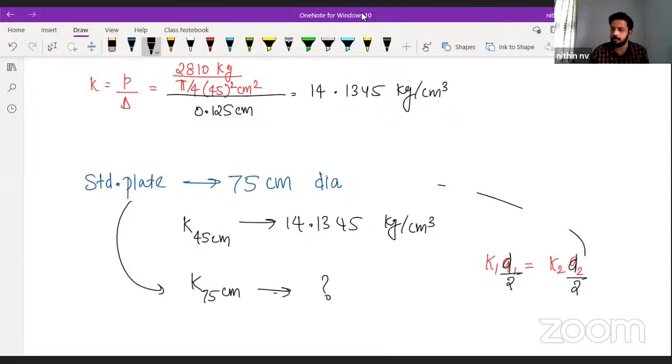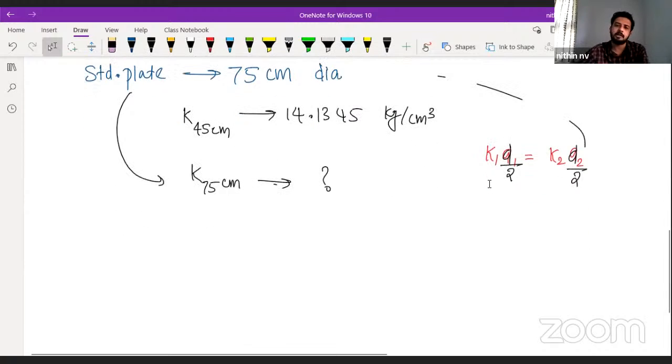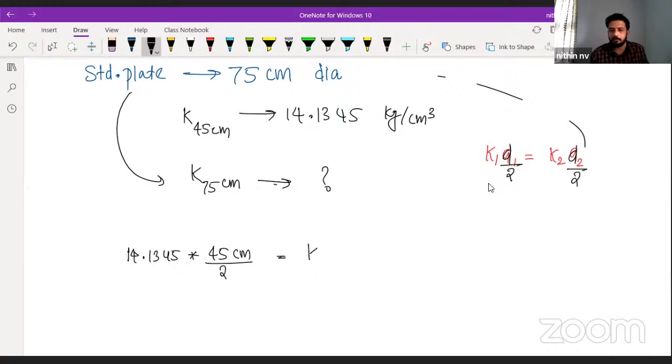In the standard code book, K1 into corresponding radius is equal to K2 into corresponding radius, which means 14.1345 into 45 centimeter by 2 is equal to K corresponding to 75 into 75 centimeter by 2. So 2 and 2 will get cancelled. We don't require that.